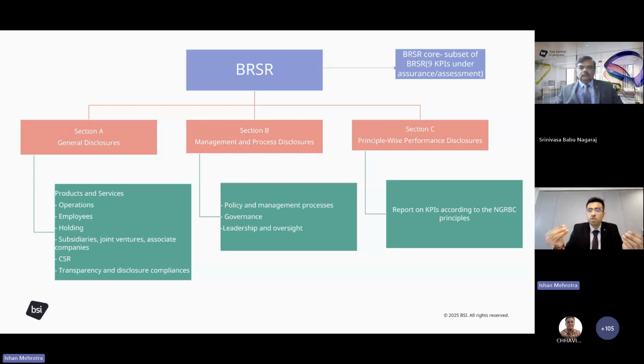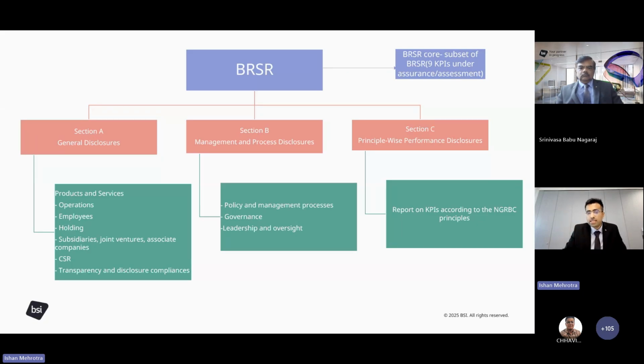Section B talks about the management and process disclosures, which is mainly on the policies existing in your company, the governance, the leadership, the board people, who they are. Section C is the principle-wise KPI, the performance disclosures, where the quantifiable data has to be submitted. So Section C is of our interest.